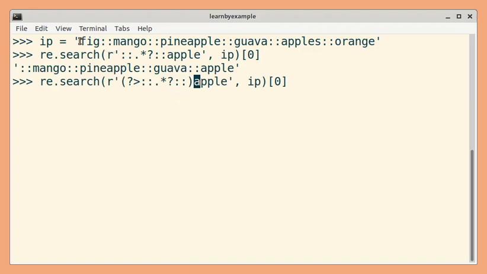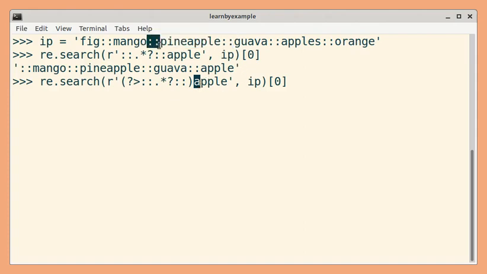So let us look at this sample input. This part will match this portion, and then when it tries to match apple, it will fail. So the regex engine will move on, and when it comes to this part, again this will fail because the next 5 characters are not apple.